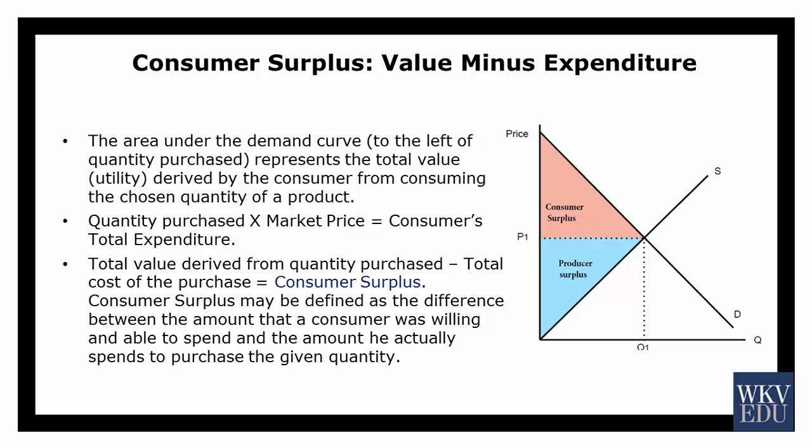The price of a product is 10 and the consumer consumes 5 units of that product, so the consumer's total expenditure will be 5 into 10, 50. The difference between the total value derived from quantity purchased and the total cost spent on the purchase of that commodity equals the consumer surplus.